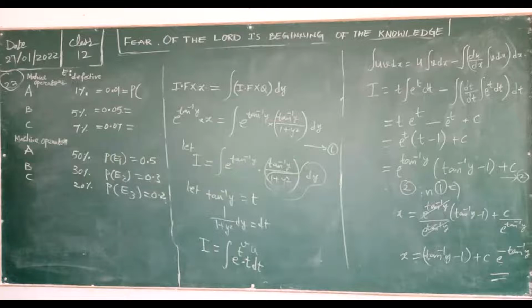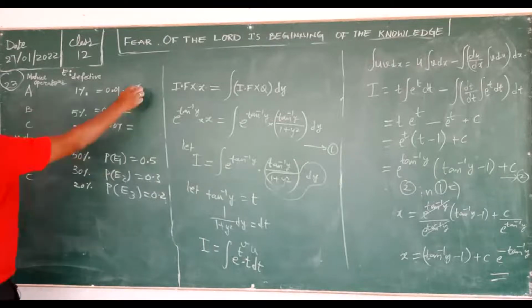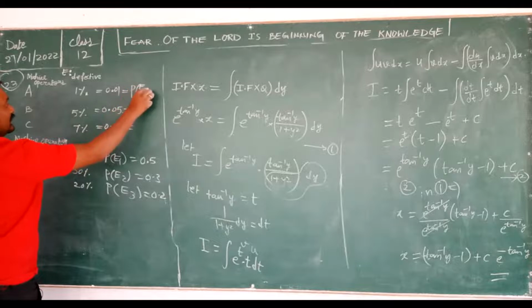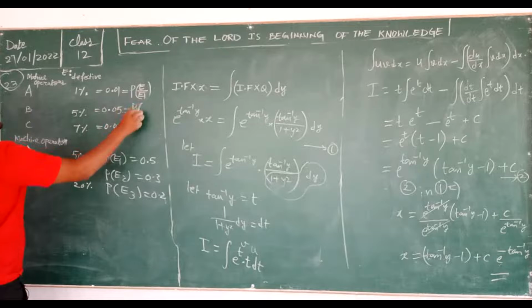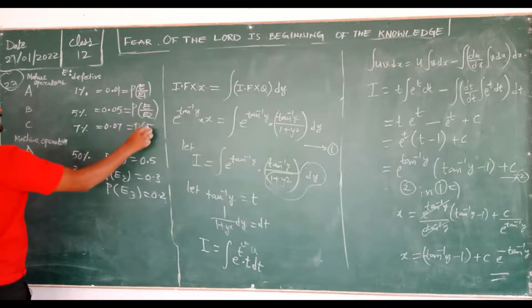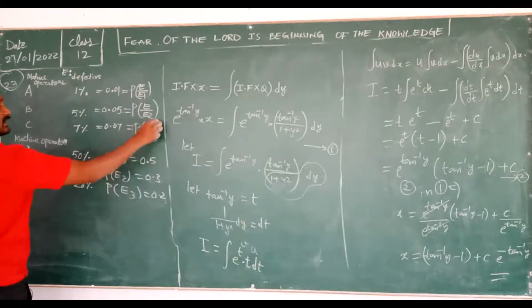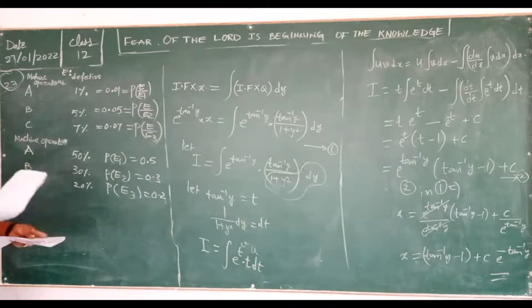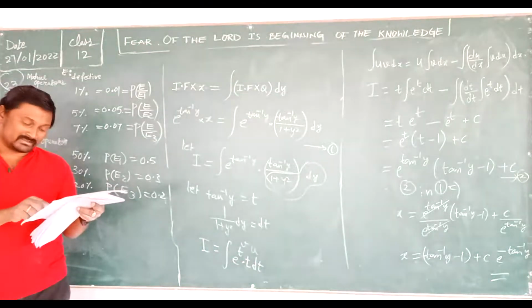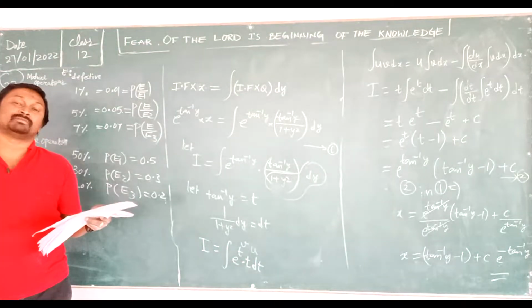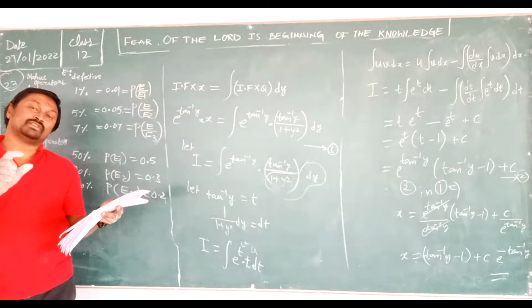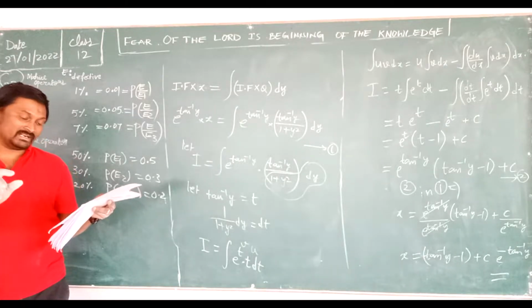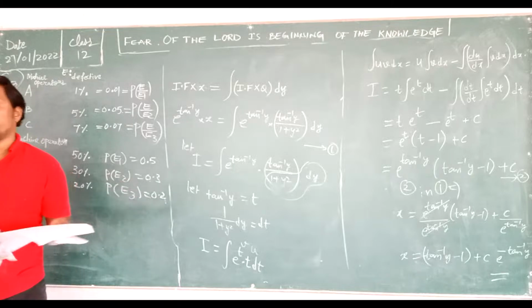Then I'll write defective item in machine number 1, that is E1, defective item in machine number 2, defective item in machine number 3. Then what they said to find: a defective item is produced, what is the probability that it was produced by A?